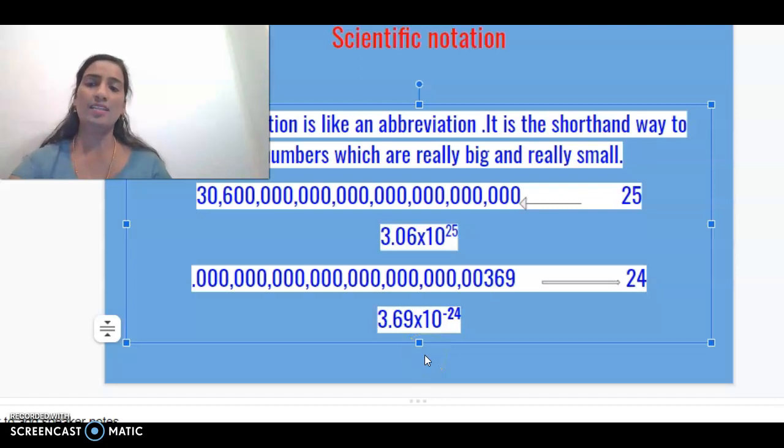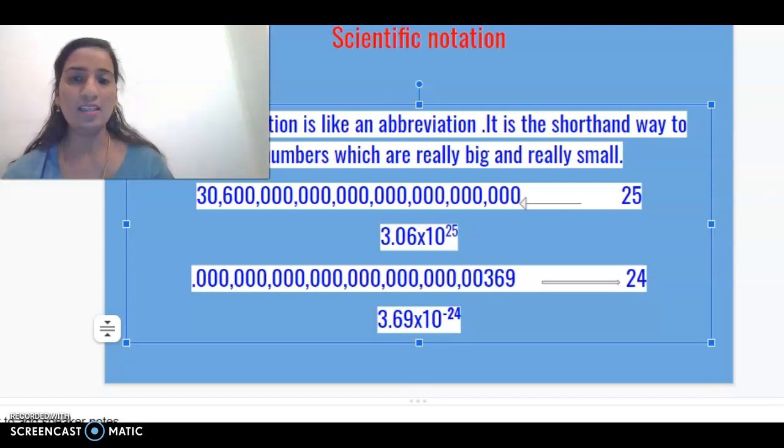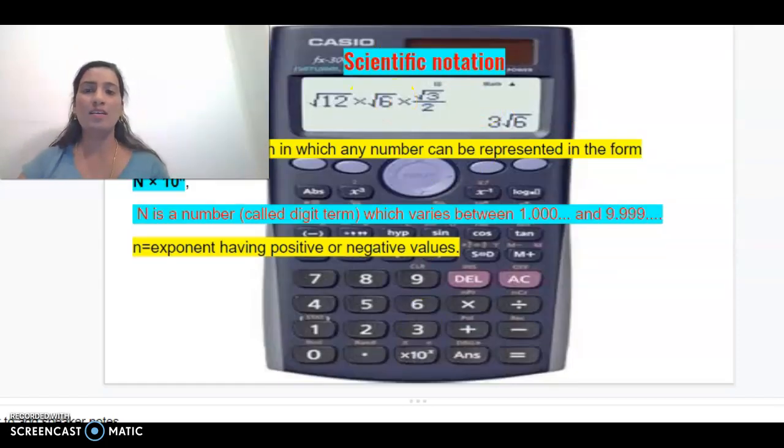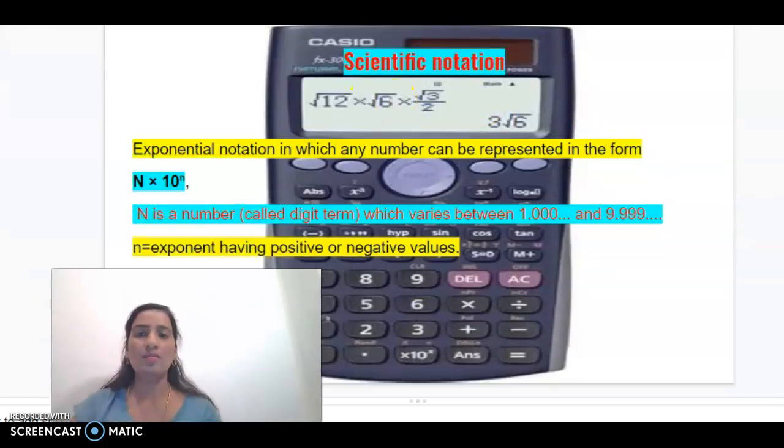Now you can see that in scientific notation, the numbers are expressed in the form N into 10 raised to n. It's an exponential notation in which any number can be represented in the form N into 10 raised to n, where the capital N is called the digit term, which varies from 1.00 to 9.99.